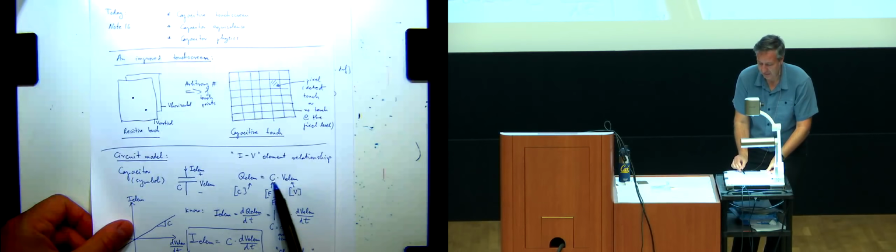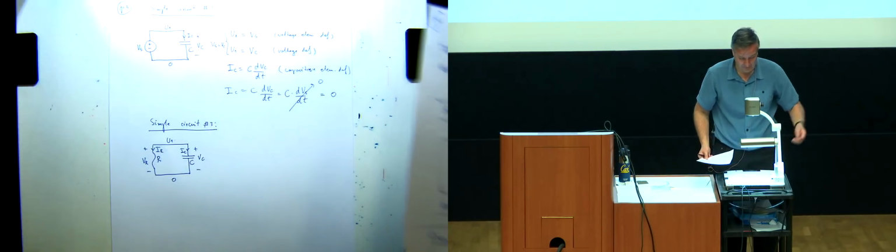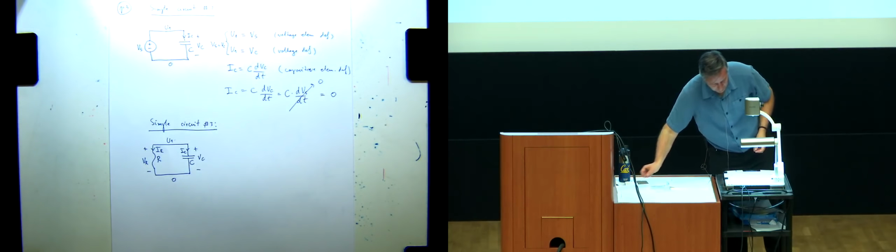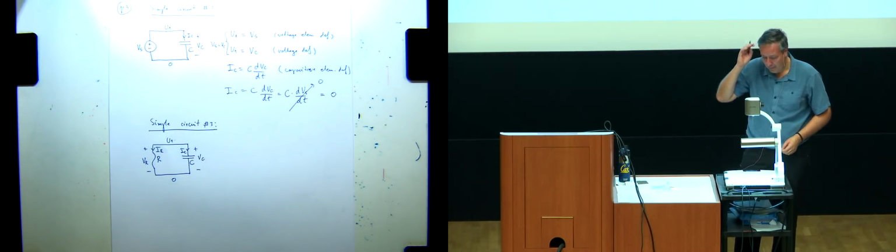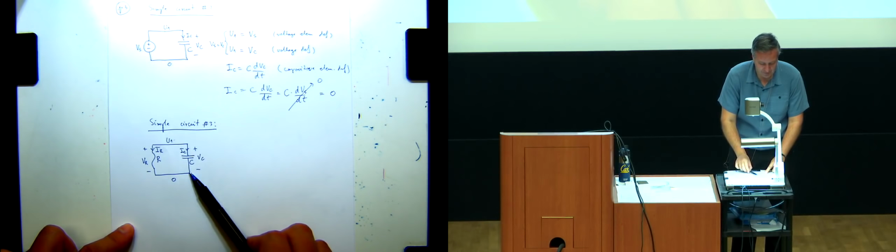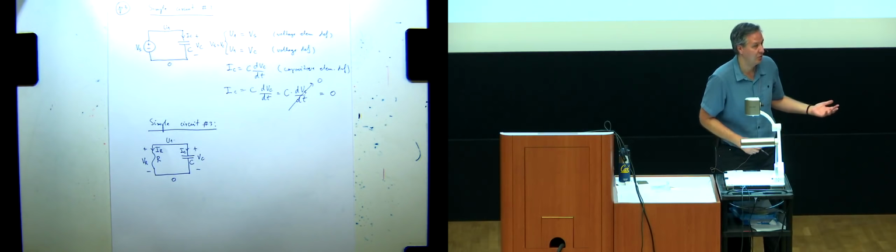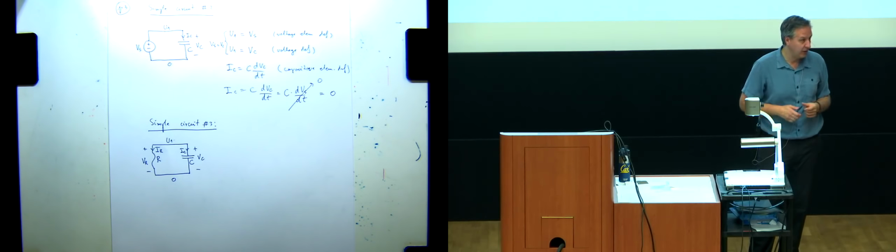Q element is C times V element, right? So if this is 0, then the V element is 0, right? That's what you're saying. Yeah. So that would mean if this voltage is 0, then because VC equals VR, then VR would also be 0.